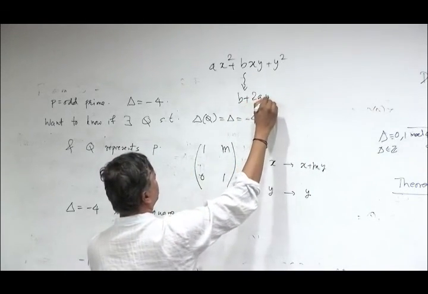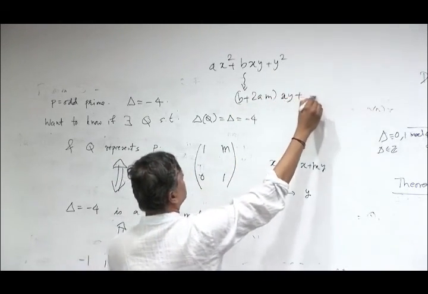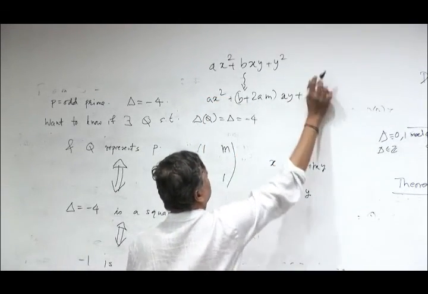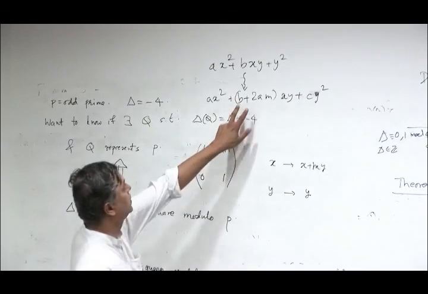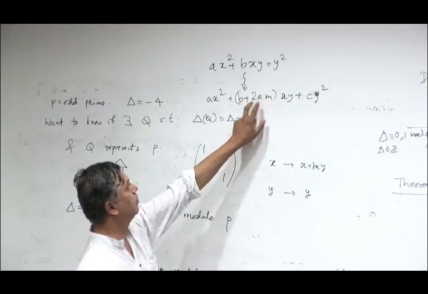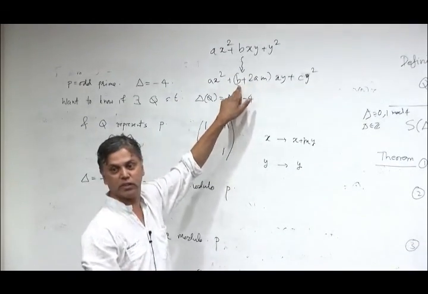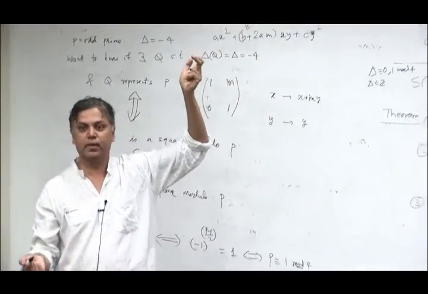This will take it to 2aM xy plus whatever. So it translates this B by some multiple of 2a. So you can use the size of A to cut down the size of B. This is the division algorithm.